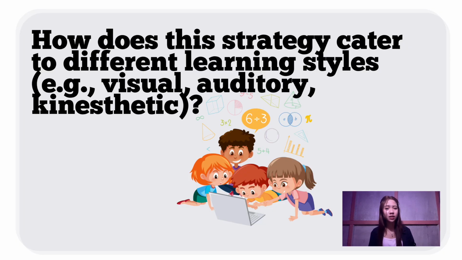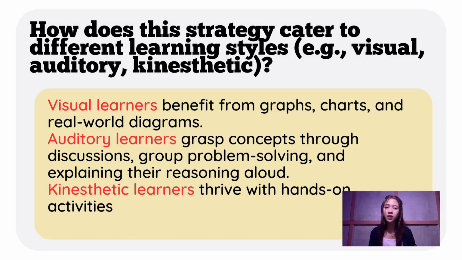How does this strategy cater to different learning styles, like visual, auditory, and kinesthetic? Context-based learning supports different learning styles by making math more engaging and relatable. Visual learners benefit from graphs, charts, and real-world diagrams, like using geometry to design a blueprint.